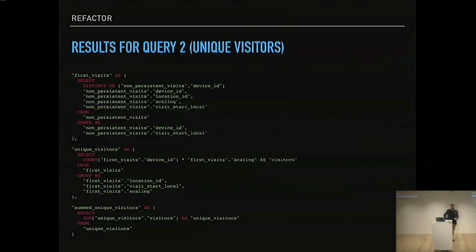Apart from that, in the second section where we've count by, we're doing this scaling here, multiplying by the scaling factor. That was the work being done at the Ruby level, but now it can get done straight in the database because we've combined all these queries together.